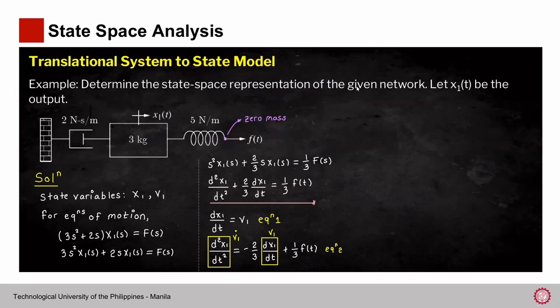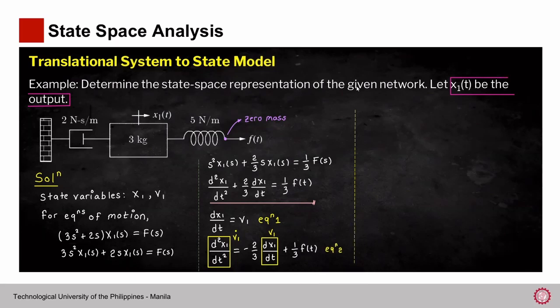Now, according to the problem, the output is x1. Usually there is no variable assigned for the output of a translational system, so maybe we can just use y. Let's just use the letter y instead. Actually, I think they are using Z for translational systems, so maybe we can use Z instead.